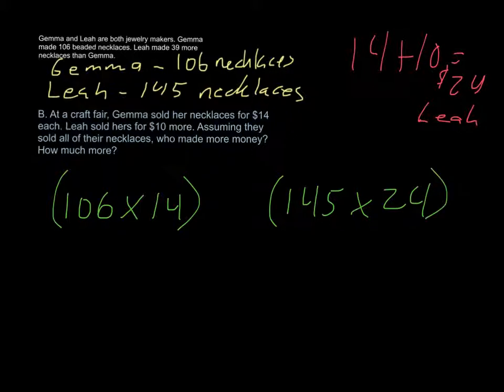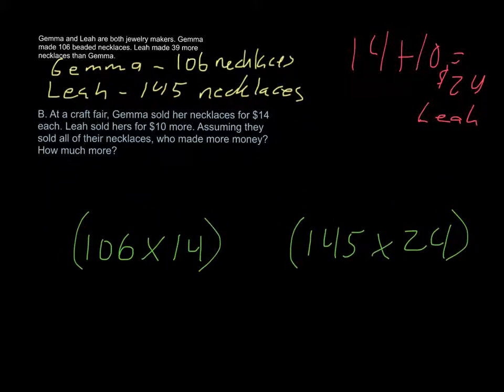I'm going to solve both of these first. But before I try to solve them, I'm actually going to move them around, because I know just by looking at it that Leah has both more necklaces and charged more. So before I even solve it, I know that Leah has made more money.